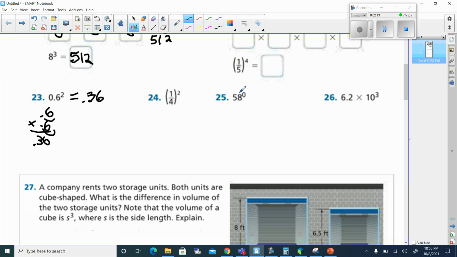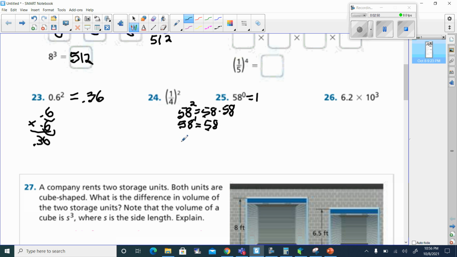58 to the 0 power. Anytime we have a number to the 0 power, the answer is 1. You might be asking how. Well, think about it. 58 to the 2nd power would be 58 times 58, right? And that means 58 to the 1st power, well, that would equal just 58.